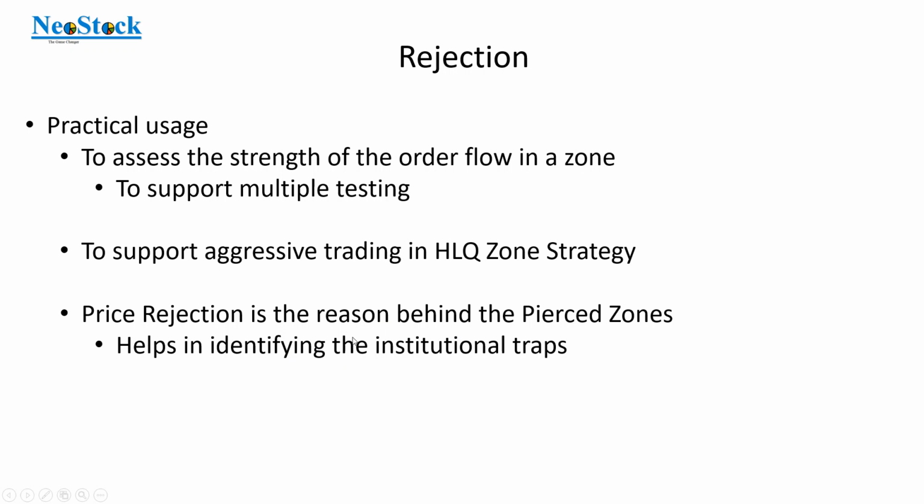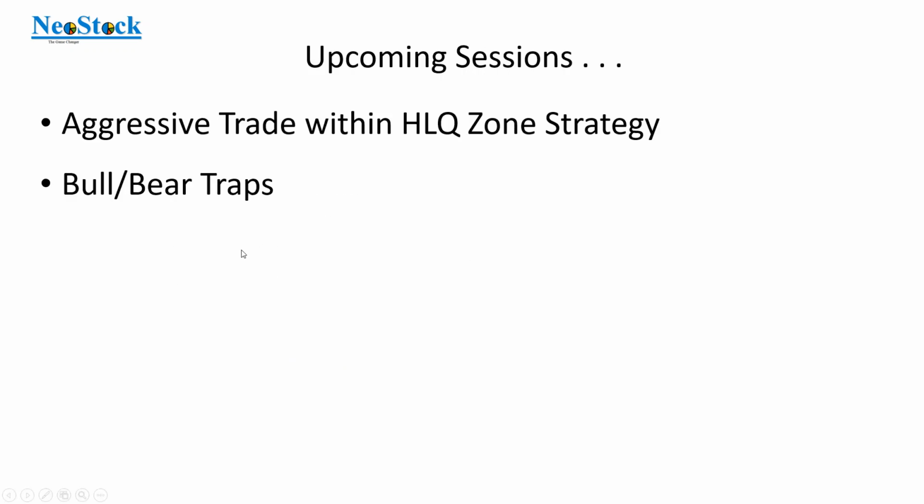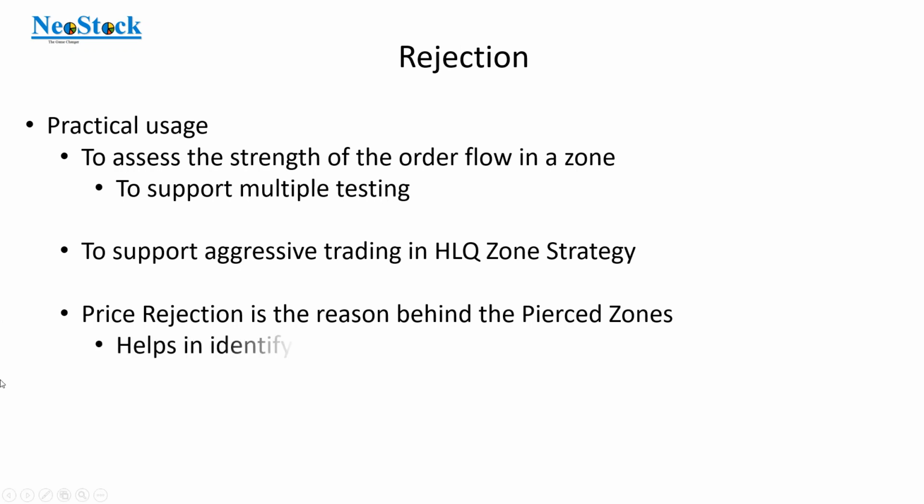Without the help of rejections also you can identify the traps, but with the help of rejections, identifying the traps is more stable. But anyway, we will get into those details once we get into that. This is not the right time to get into those details. Unnecessary confusion will be added. But just remember, these are all the practical uses, and both these points you will be learning.